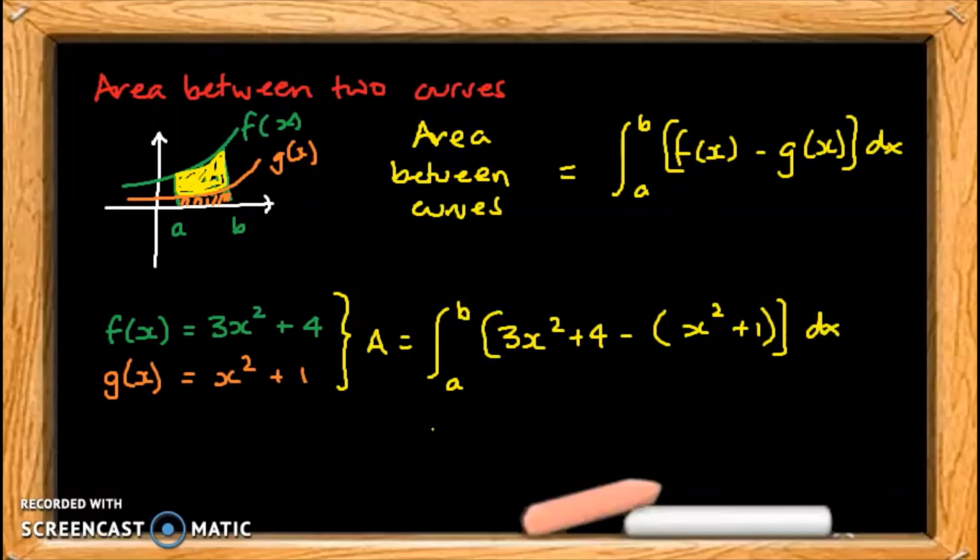Remember our correct writing, which would be 2x squared plus 3 dx.